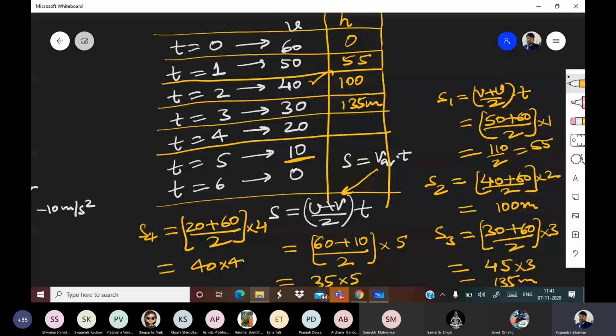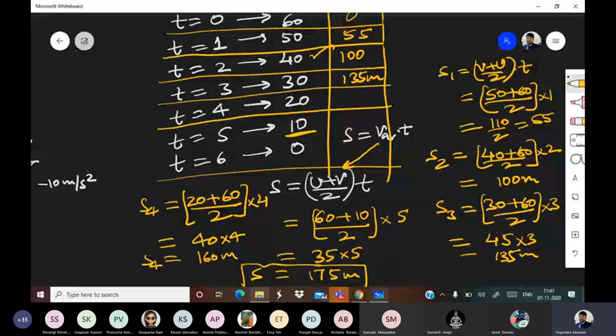Now t is 5, so S5 is equal to V is 10, U is 60, by 2, into 5.